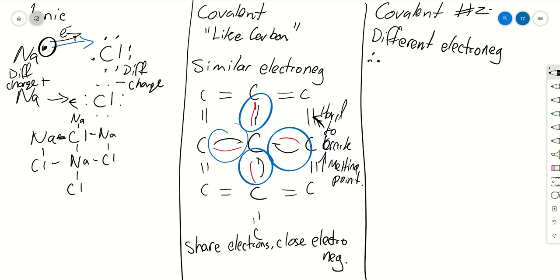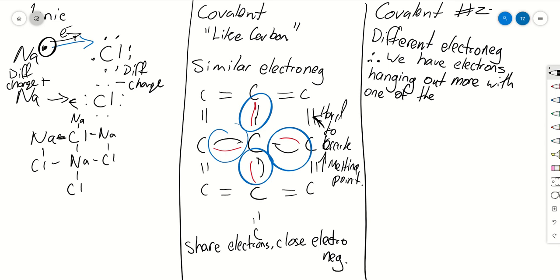Therefore, we have electrons hanging out more with one of the atoms.